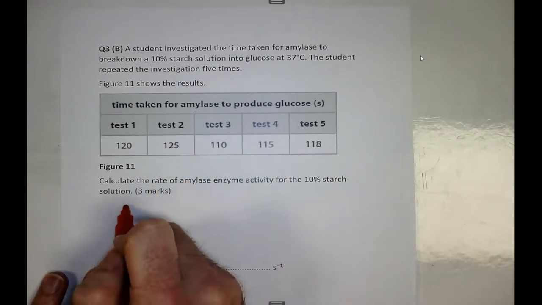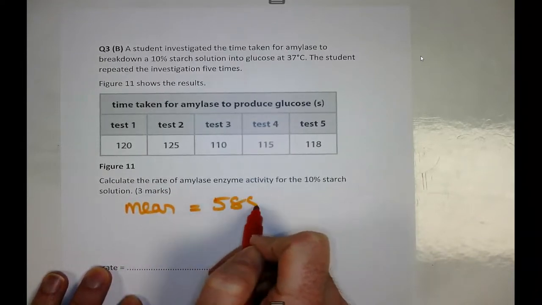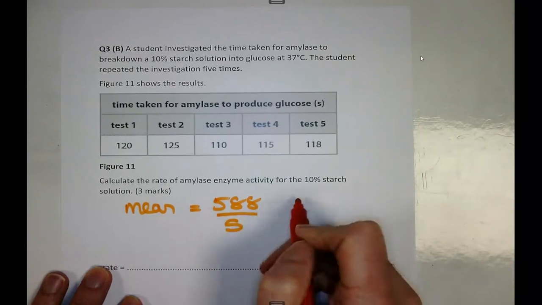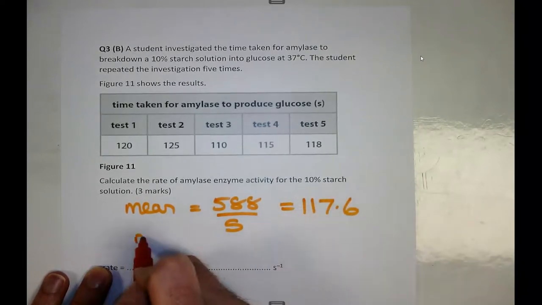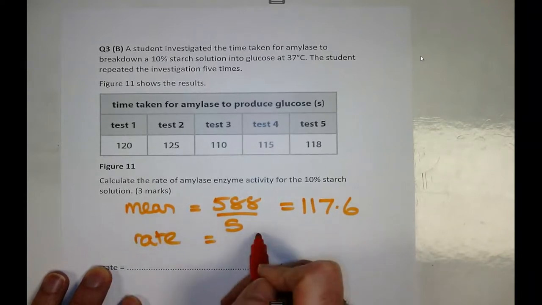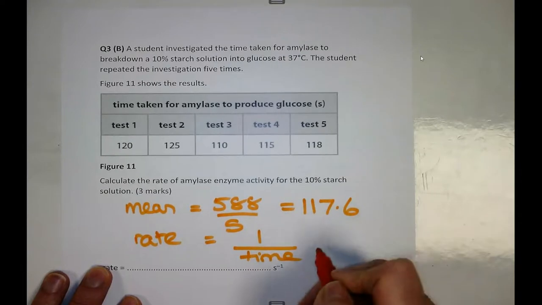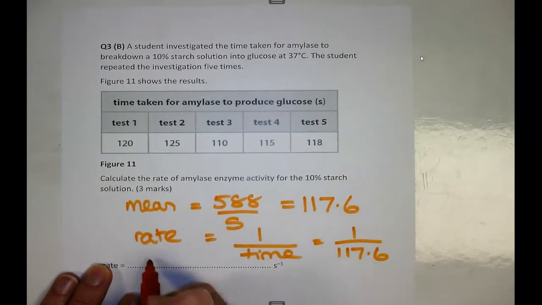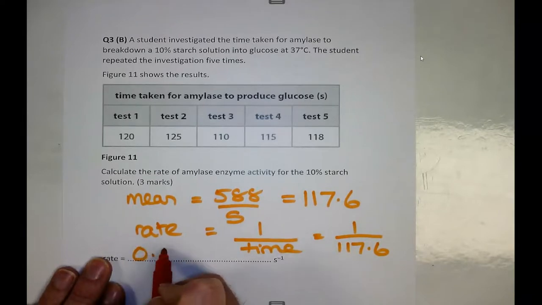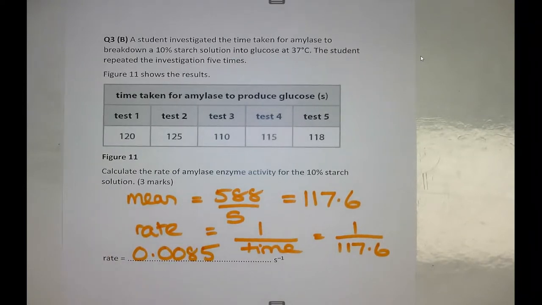So if you work out the mean of those, that gives you a total of 588 over 5, which is 117.6. Now, whenever you work out the rate, it's a good idea to do 1 over the time. And in this case, it was 1 over 117.6. So that gives us an answer of 0.0085. Okay, so that's one example of a calculation.